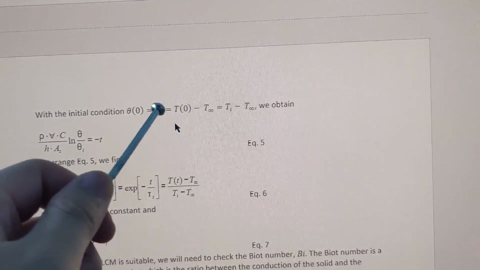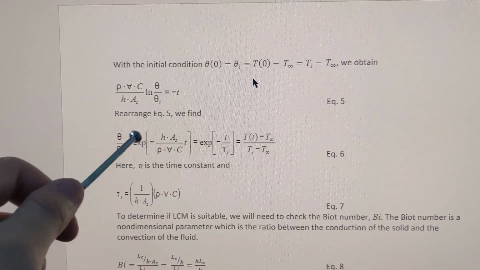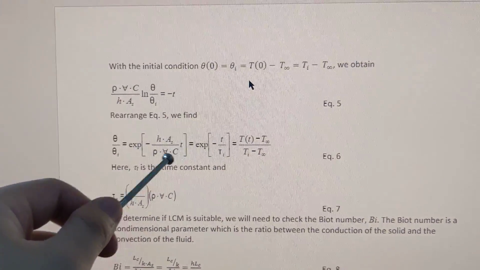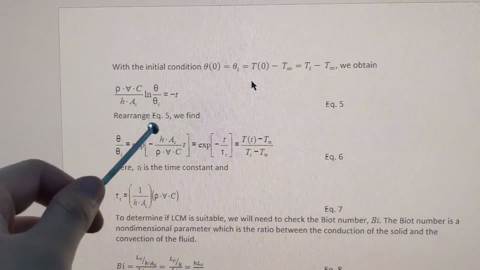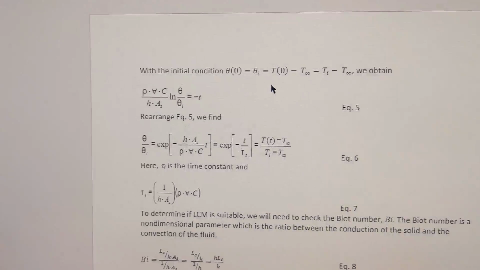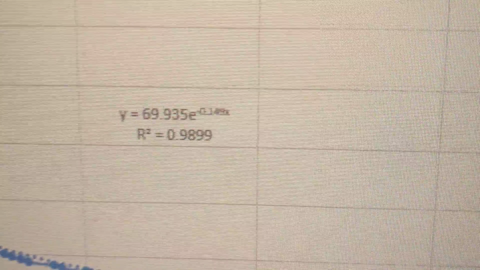And by doing so, that will be equal to 0. So this whole side will equal 0. And then we have exponent of the time constant. And then we can equate the exponent of the time constant times t equal to our exponent value we got here.